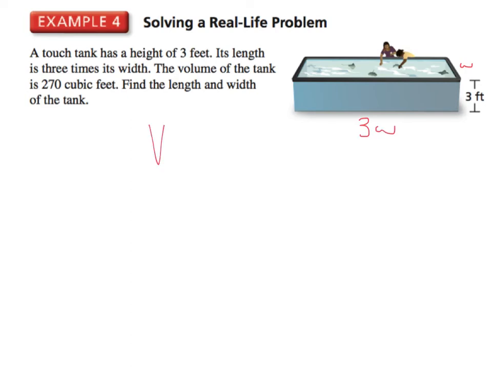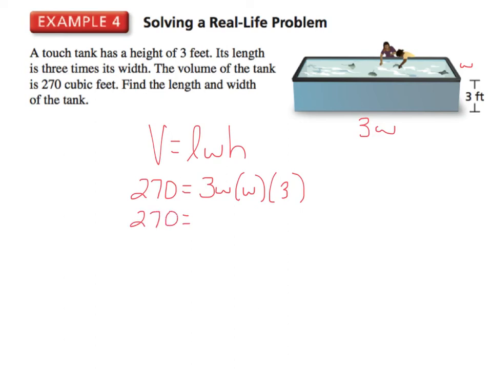So volume equals length times width times height. That gives me 270 equals length times width times height. Really easy equation to solve. 270 equals, let's see, 3w multiplied by w multiplied by 3 is 9w squared. I divide everything by 9.